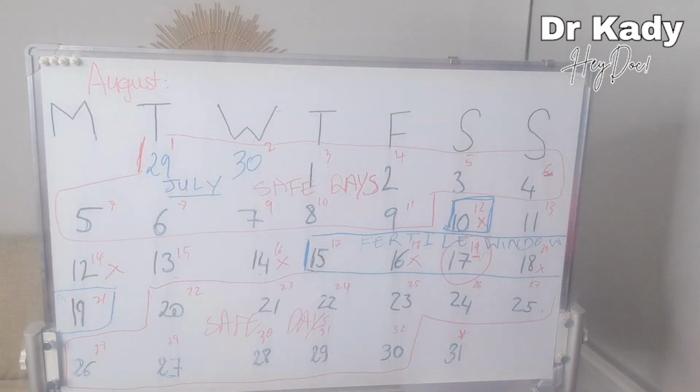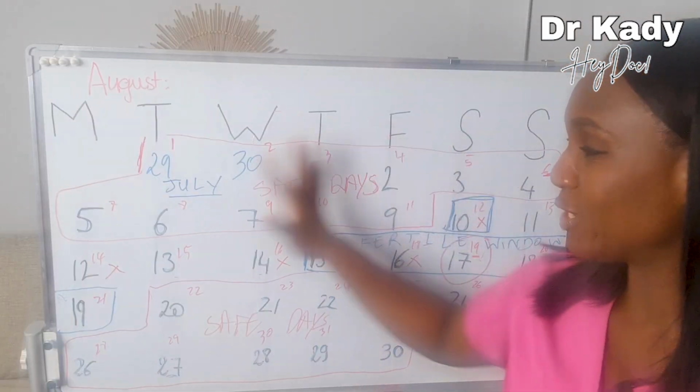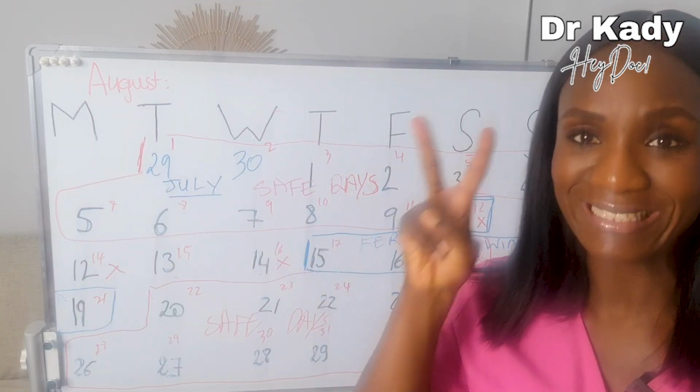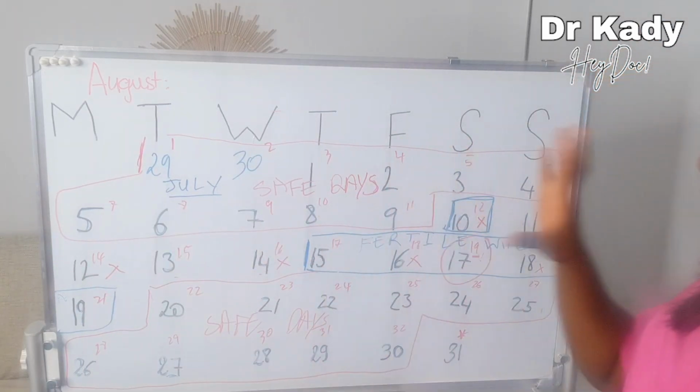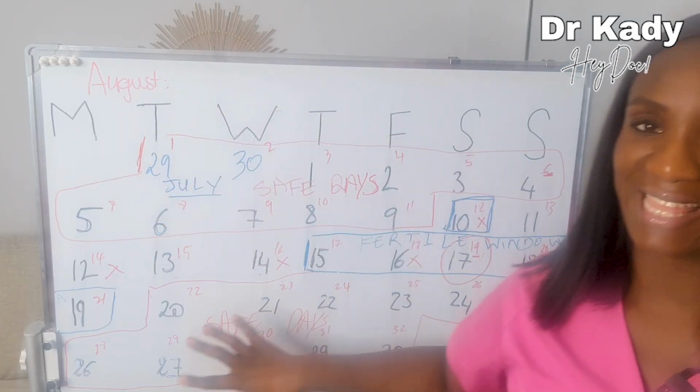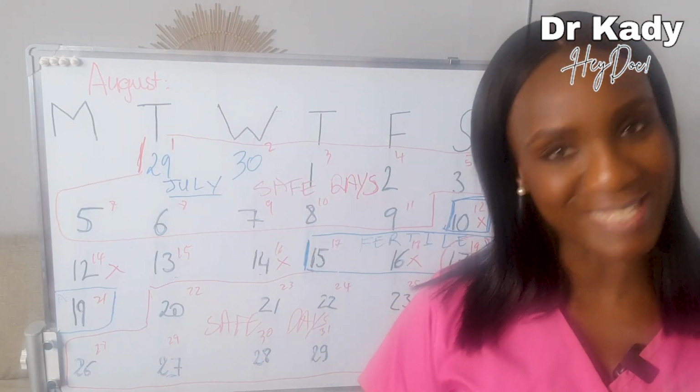These are again your safe days. So you can see that during your menstrual cycle, you have 2 possible safe periods, at the very start of your cycle and towards the end of your cycle.